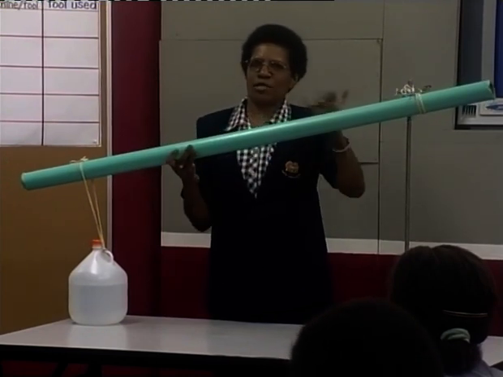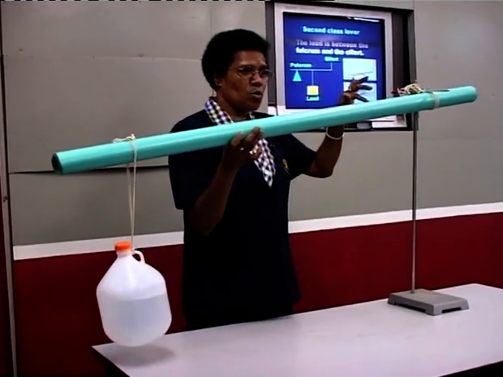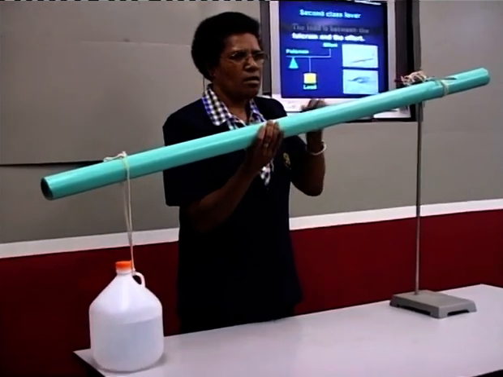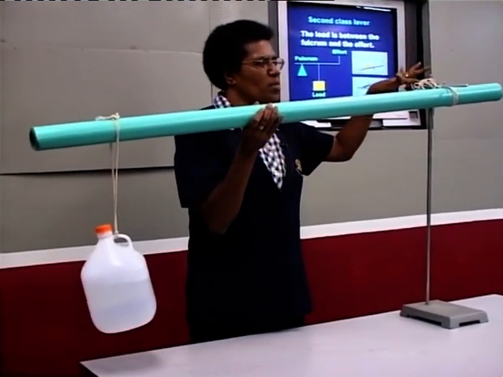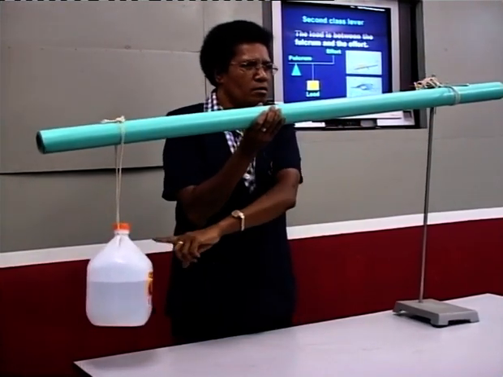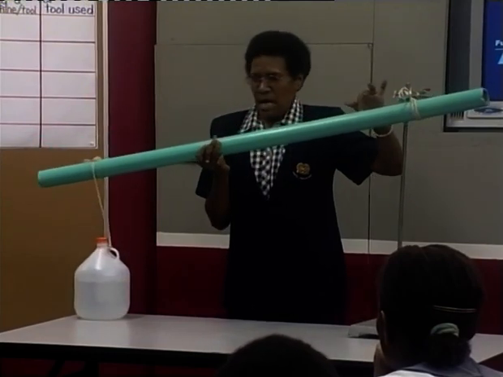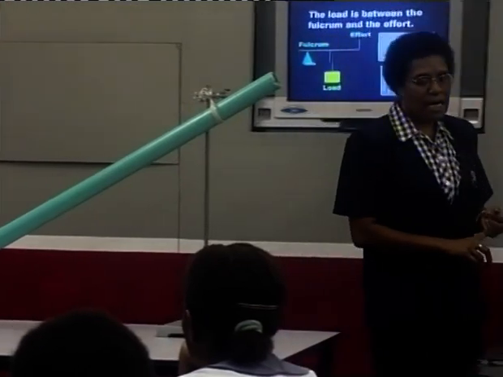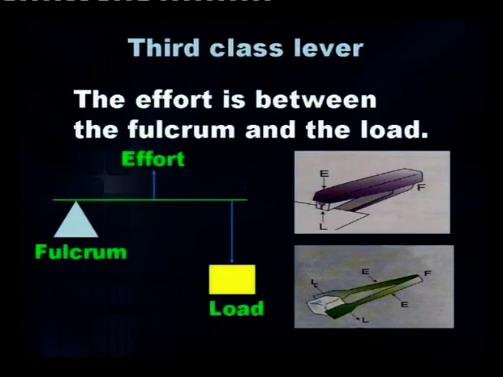So I will have to try to lift the load up in the middle. That's where the effort is. Effort is in the middle, fulcrum at the side, and the load at the end. I hope you have taken note of those 3 different classes of levers. Have that copied in your workbooks as well, please.